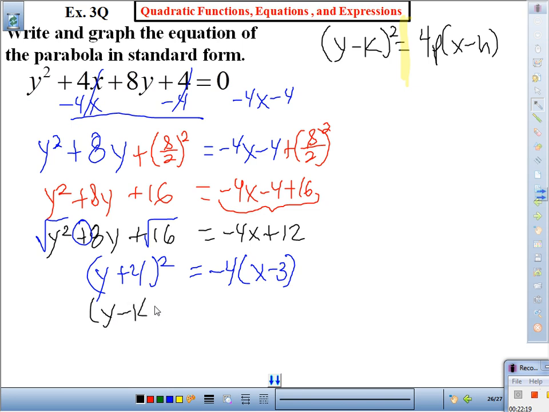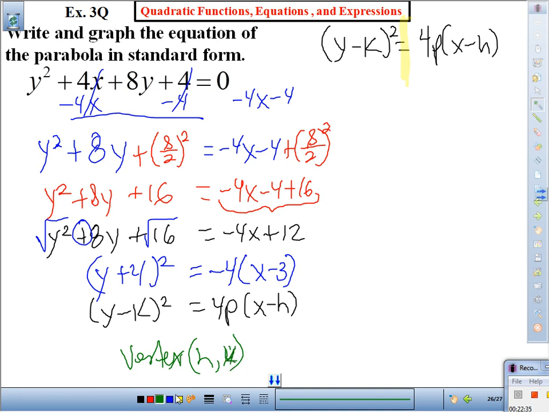Yes, so then we write our standard form underneath that to make sure we know all the values. Y minus k squared equals 4p, parentheses, x minus h. And why do we need that there? Because that's easier to see the vertex, which is h and k. Is that correct? All right. And then somebody asked me, how do we graph?